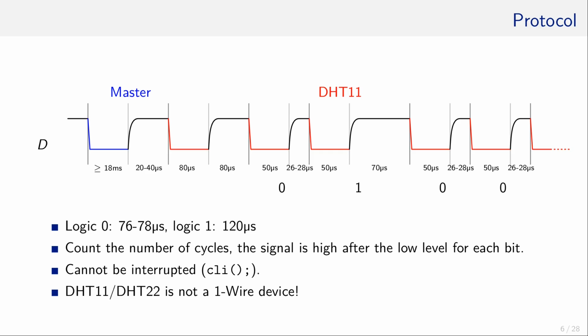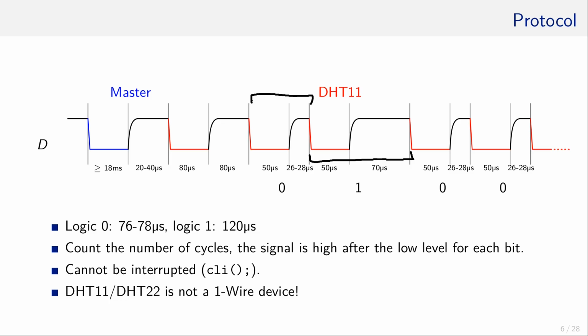Either it is around 76 to 78 microseconds if a 0 is to be transmitted, or around 120 microseconds if a 1 is to be transmitted. In addition, and that is the most important difference, one-wire is a bus and allows multiple devices to be addressed. Hence, it supports an addressing scheme.